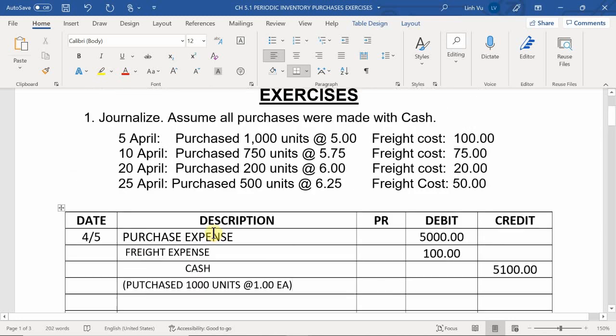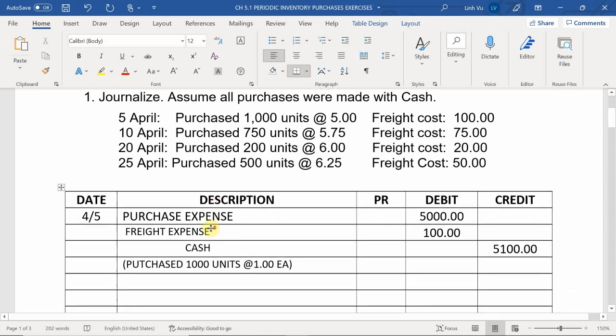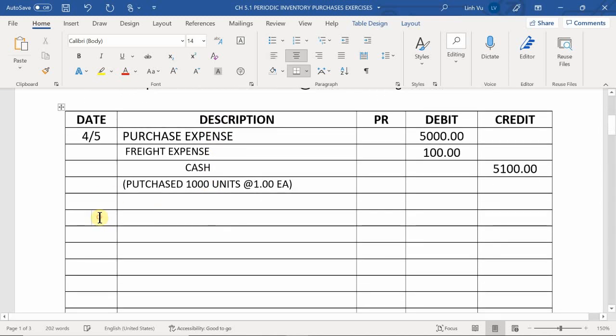Okay. So the next one is going to be on April 10. We purchased 750 units at $5.75 each, with the freight costing $75. So how am I going to journalize this one?